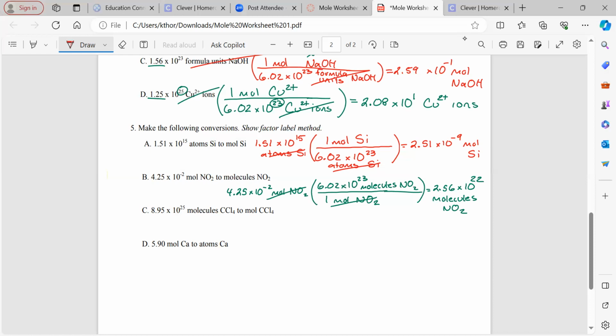C, 8.95 times 10 to the 25th molecules of carbon tetrachloride, to moles of carbon tetrachloride. Okay, so let's set it up. 8.95 times 10 to the 25th molecules of carbon tetrachloride.